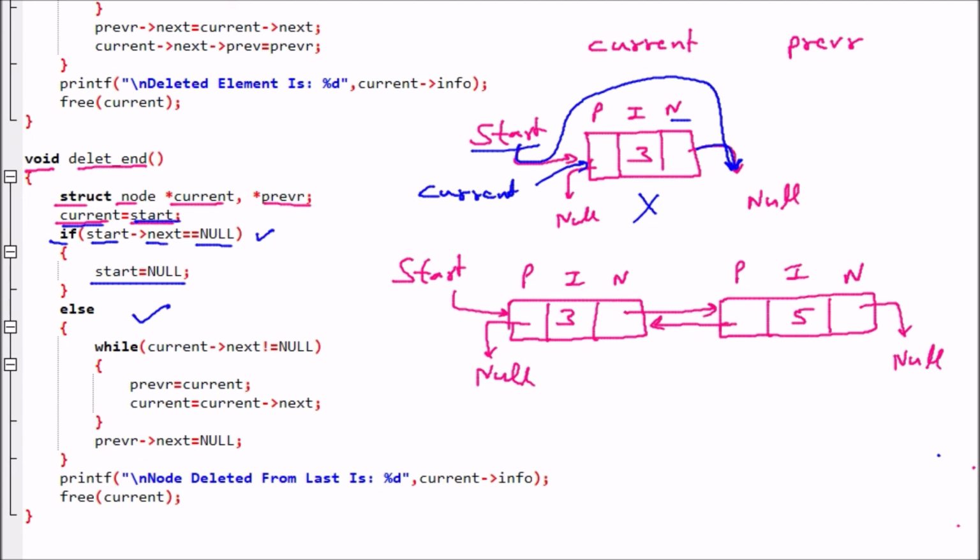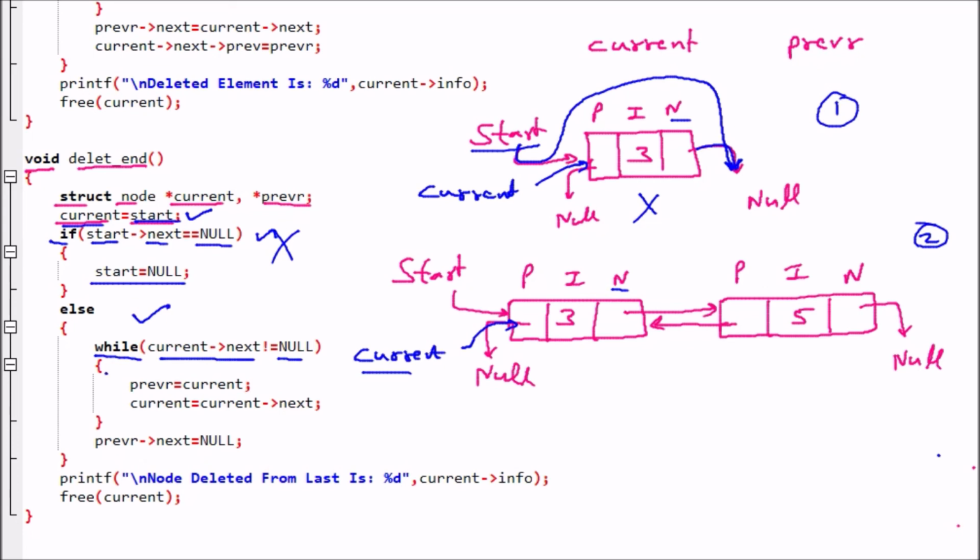If we are having the case 2, then obviously we already have put the current as start. So current is pointing to start. This is the case 1, this is the case 2. In the case 1 only one node is there, in the case 2 multiple nodes are there. So else part will run here, if will not run. While current next not equal to null: current next, is it null?